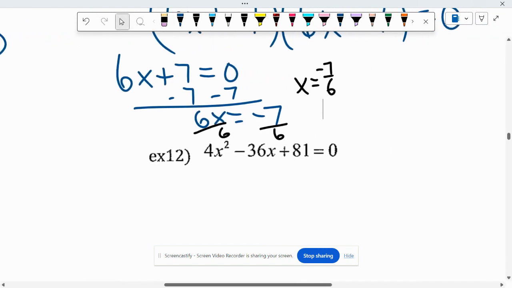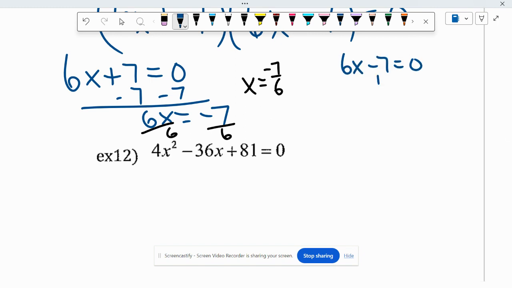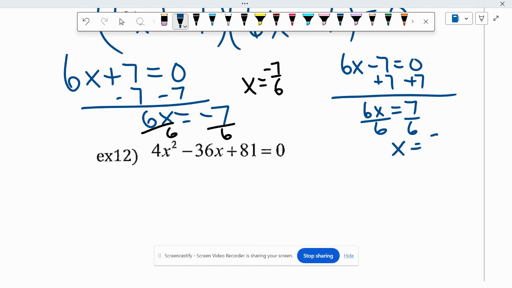So do you guys notice how these are the exact same numbers on both sides? So the second one, 6x minus 7 equals 0. I add 7 to both sides. That gives me 6x equals a positive 7. Divide both sides by 6, and I find out that x equals a positive 7 over 6.